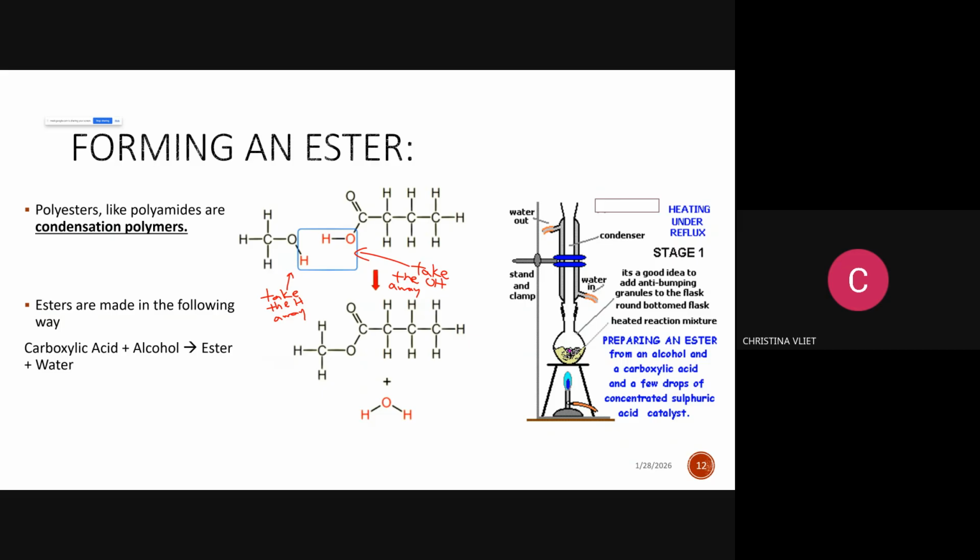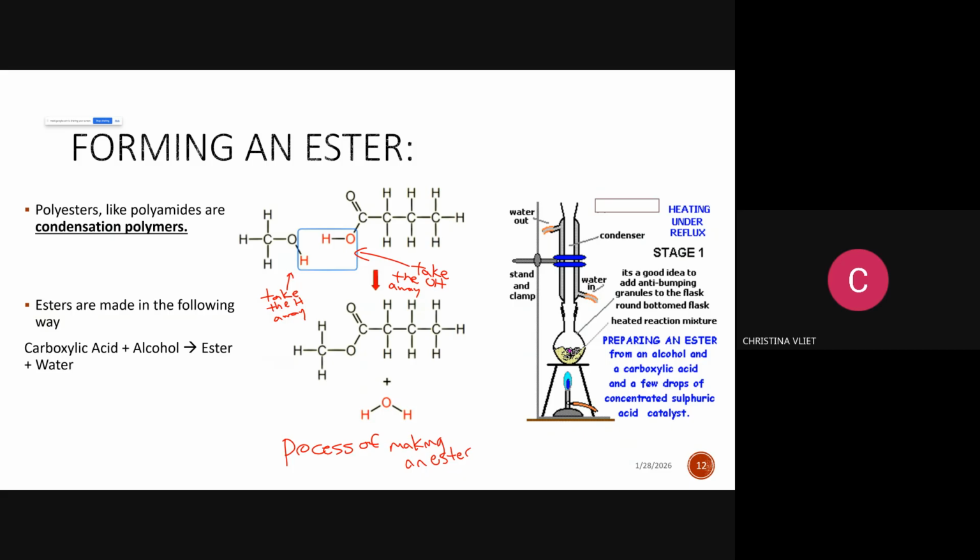This is just how we had a different name for it last year. We could have called it condensation, or we could have called it esterification, which is the process of making an ester.